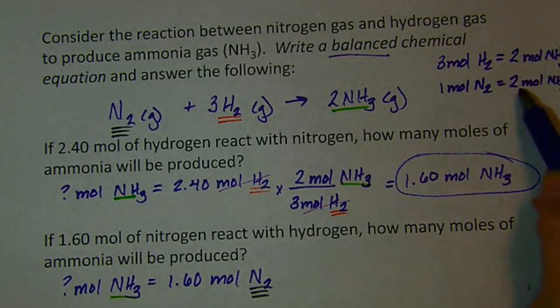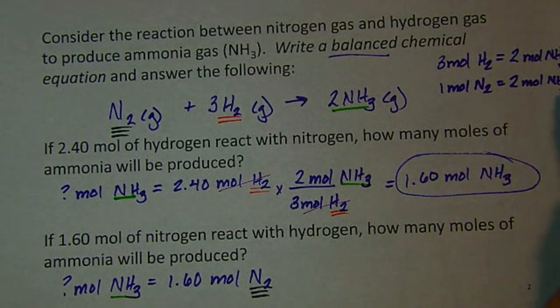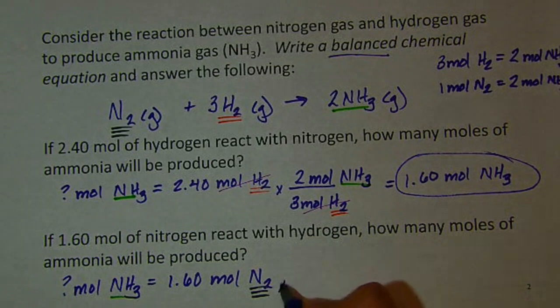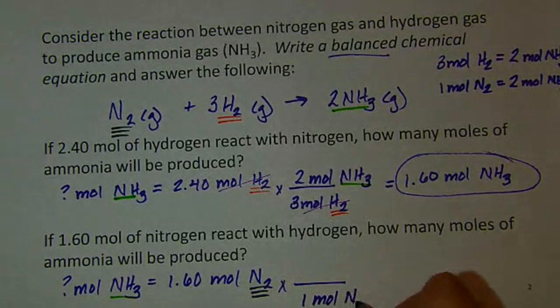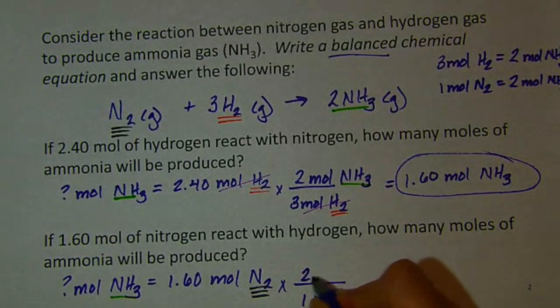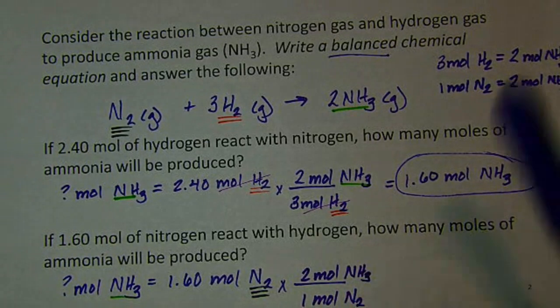So now I can use this as a conversion factor to convert between moles of nitrogen and moles of ammonia. I want my moles of nitrogen to cancel out. So for every 1 mole of nitrogen that reacts, that's going to produce 2 moles of ammonia.